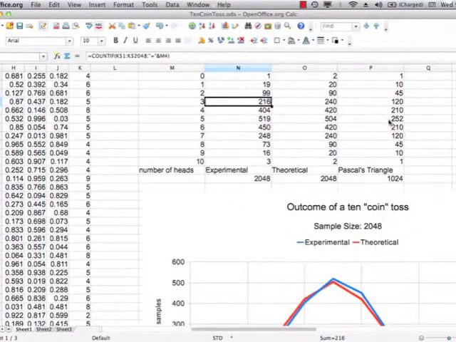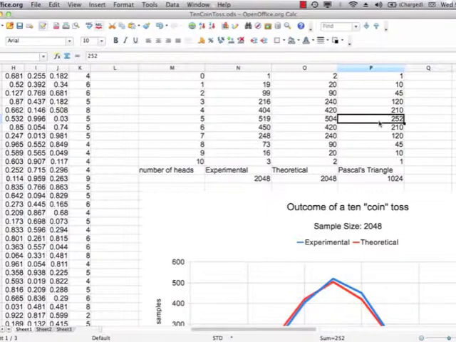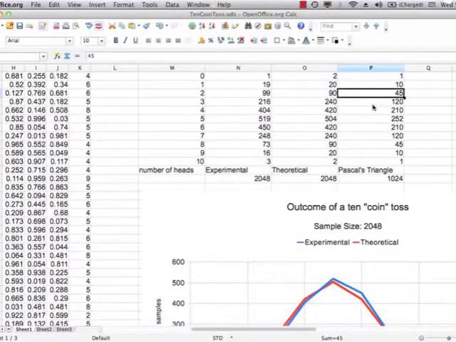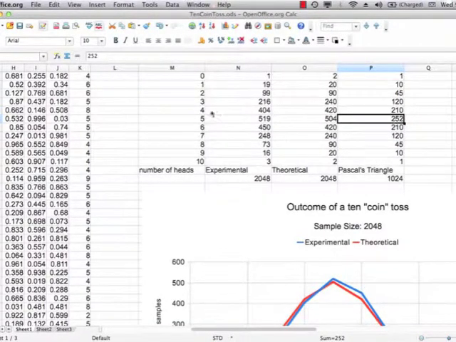Alright, so I'm back to my spreadsheet, and right here is my little Pascal's triangle thing, where I think I just plugged the numbers in. I didn't come up with a formula for it. But you'll see here's the number of heads, 5 heads. I threw 10 coins, and the number of different ways that I can have 10 coins come up 5 heads is 252, just like I showed you in the previous little segment.